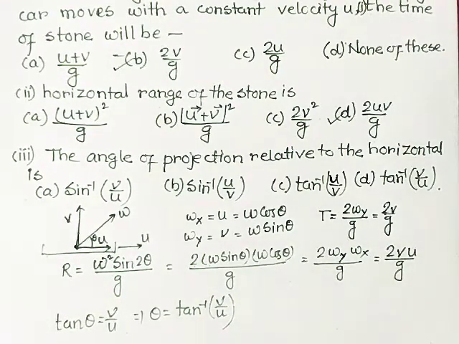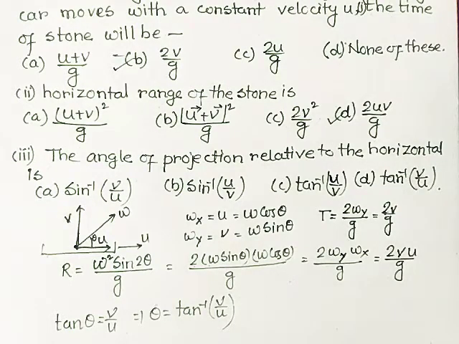But since it is thrown in a moving trolley, the horizontal velocity is added, so due to the simultaneous effect it looks like a projectile motion, just like a projectile fired with a velocity w, the resultant of these two.